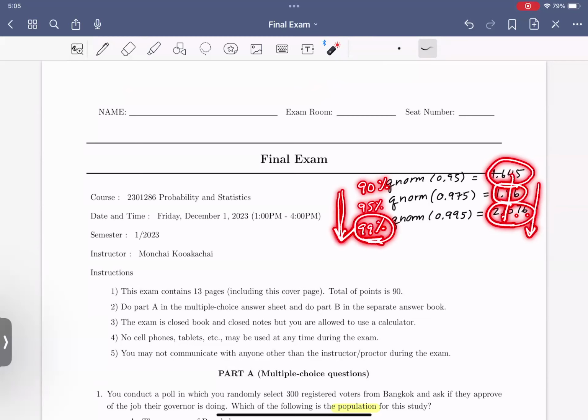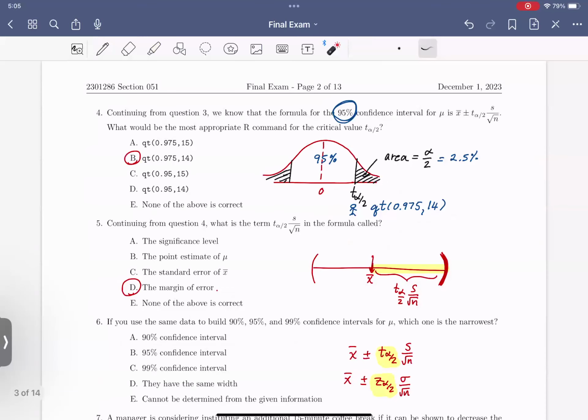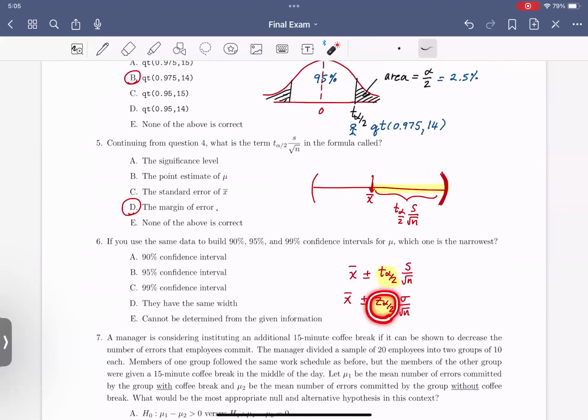So the one that is the narrowest is going to be the 90% confidence interval, right? All right, keep going.